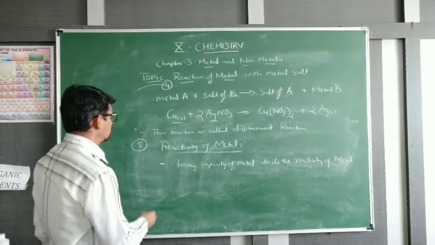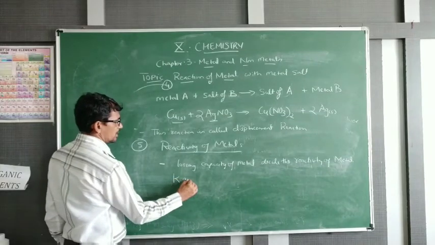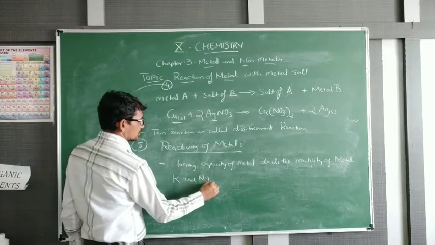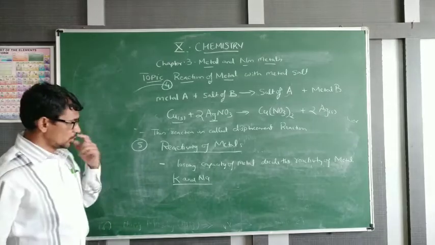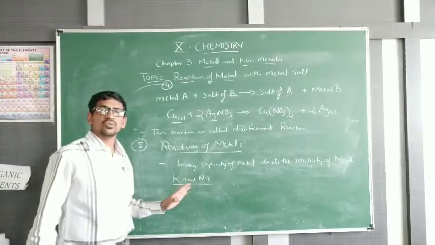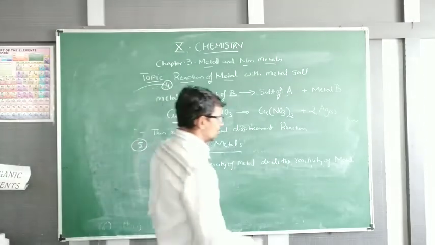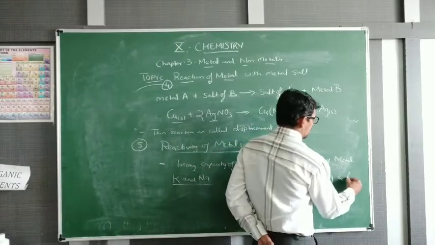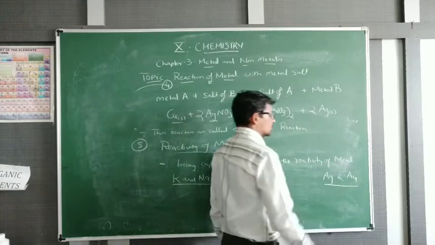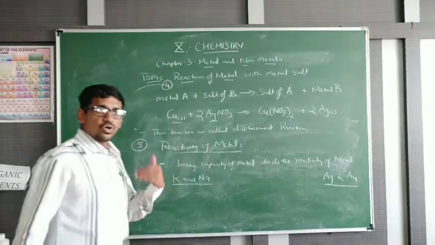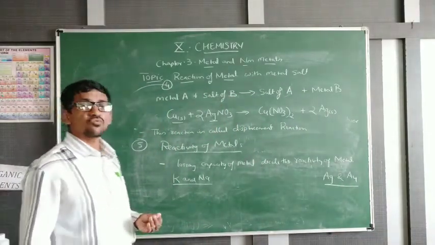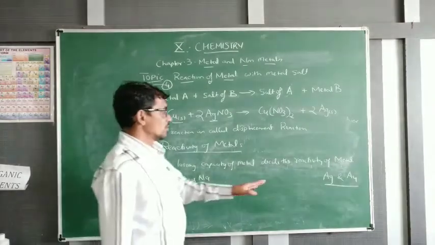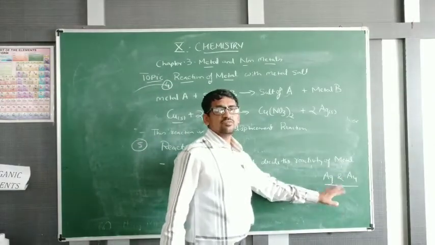As for example, potassium and sodium are more reactive metals. Why? Because they lose electrons and convert into ions. Similarly, gold and silver, Ag and Au, do not donate electrons fast, so their reactivity is very less.